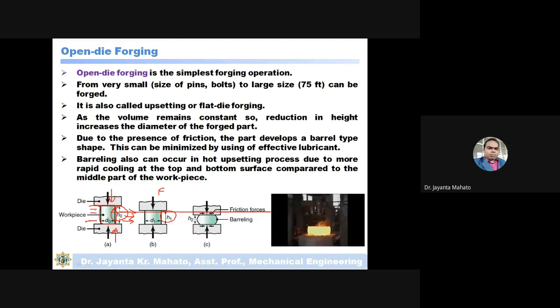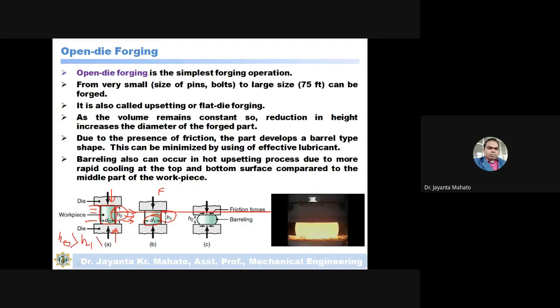So as the height decreases, what will happen? If you are considering this as cylindrical, the diameter of the workpiece will increase. Initially the diameter was d naught, then after deforming the diameter will increase. So in the previous case the height was h naught, then after the first step the height is h1, which is less.